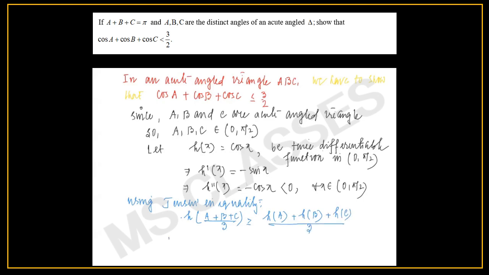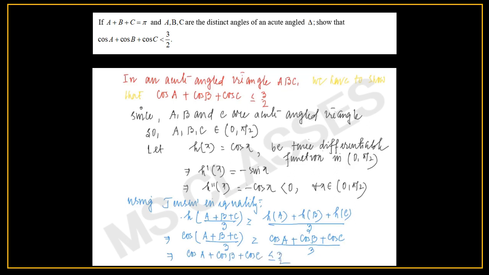Now this gives us cos of (A plus B plus C)/3 greater than or equal to (cos A plus cos B plus cos C)/3. Now A plus B plus C, since it's a triangle, should be pi. So pi by 3, that is half. So if you just shift 3 on the left hand side here, we can get that cos A plus cos B plus cos C is less than or equal to 3 by 2.